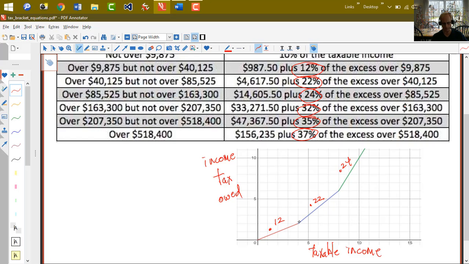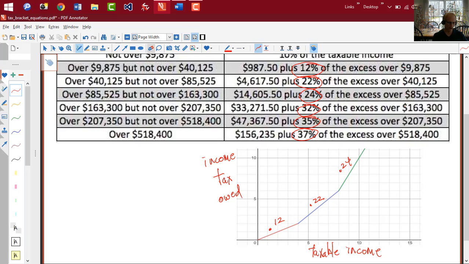So each line segment is going to have a slightly bigger slope value, and it's going to be continuous. What I mean by continuous is that the beginning of the next tax bracket, of consecutive tax brackets, starts where the other tax bracket ends.